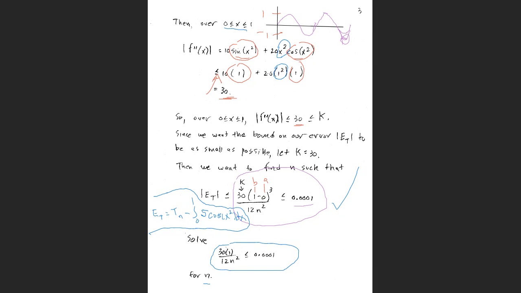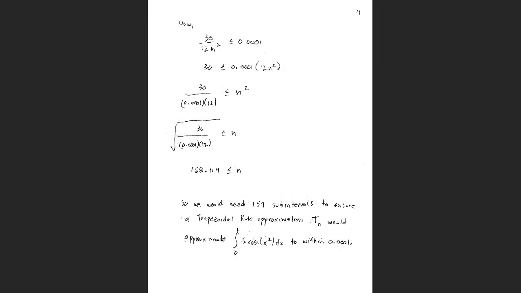So here's our inequality. 30 over 12n squared is less than or equal to 1/10,000. And we'll multiply both sides by 12n squared. And so 30 equals 1/10,000th times 12n squared.